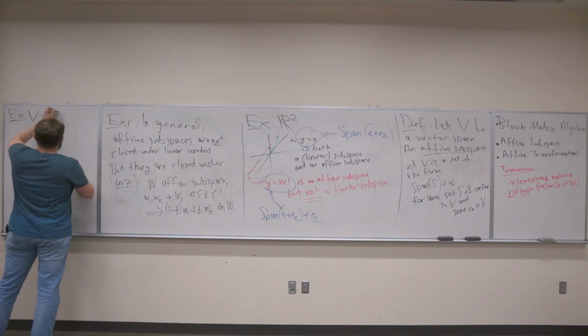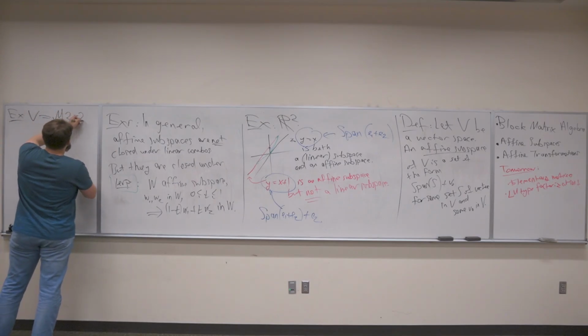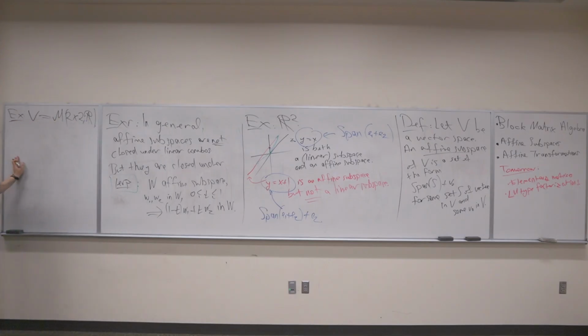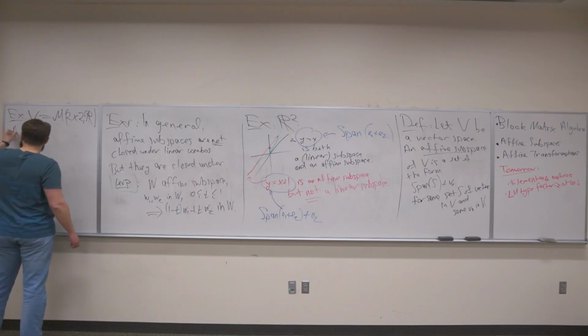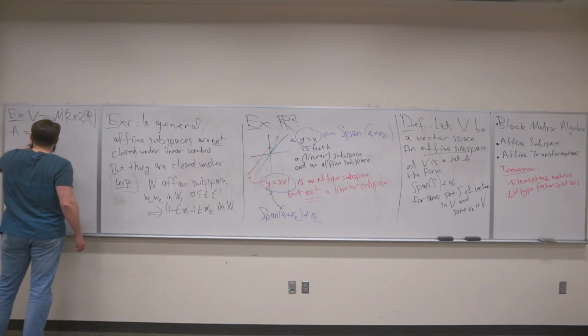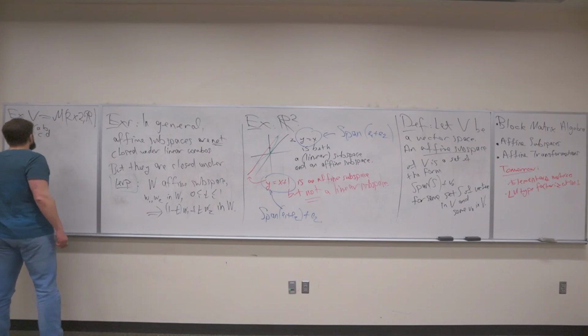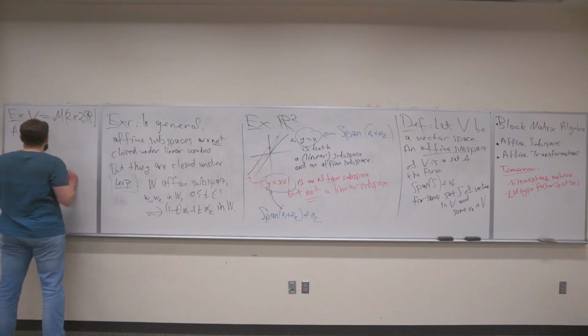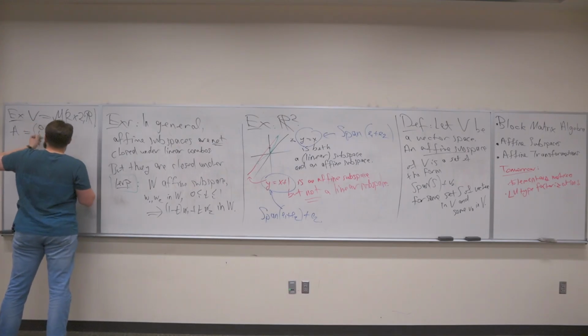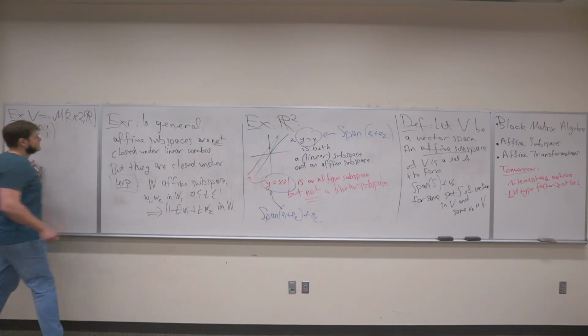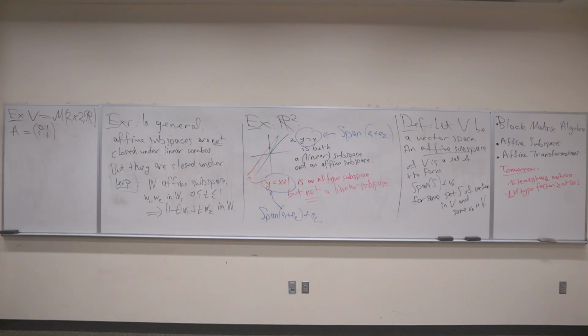So V is the space of 2 by 2 matrices. And let me let A be one specific 2 by 2. Now let's say one of these matrices we know, let's say 0, 1, 1, 1. A specific vector in this space.